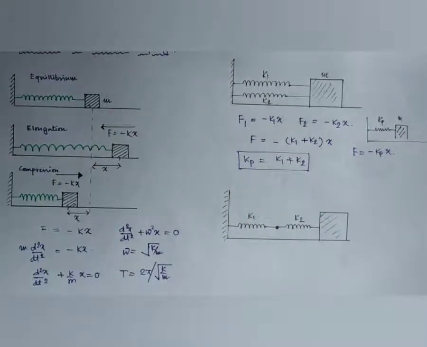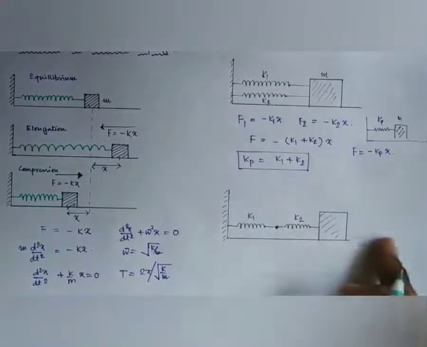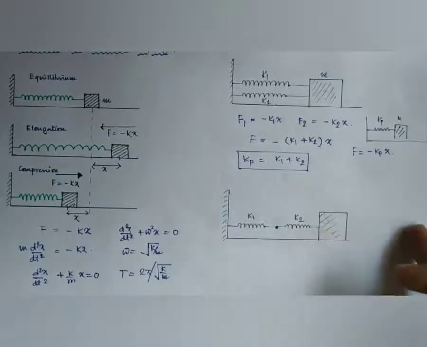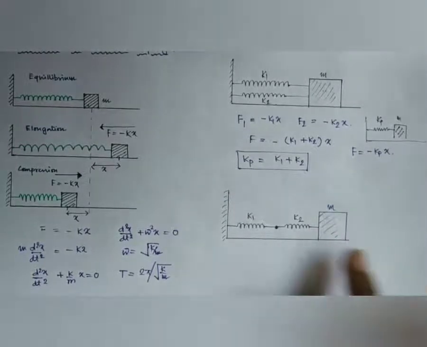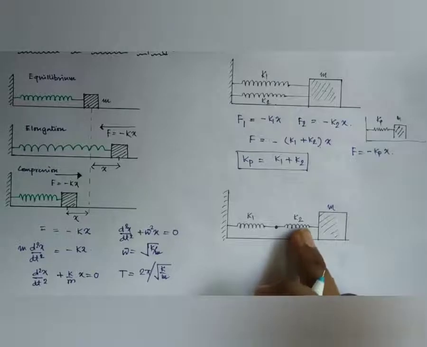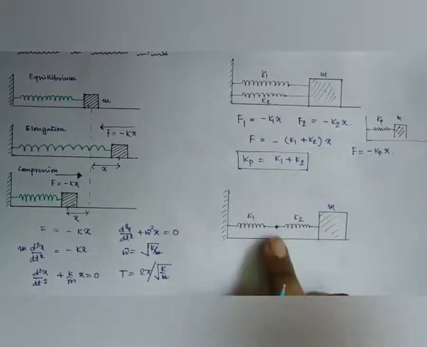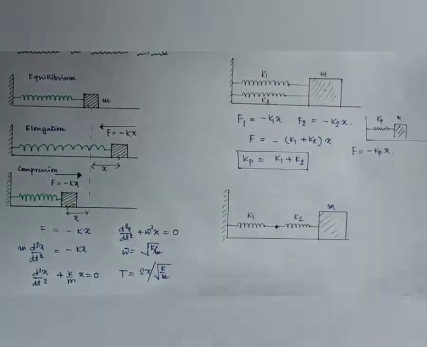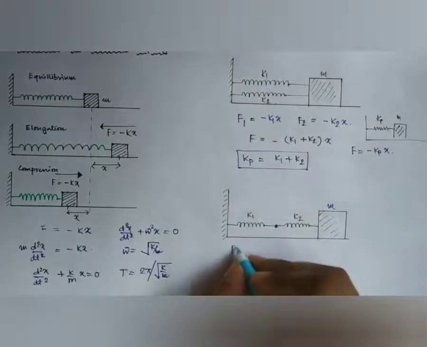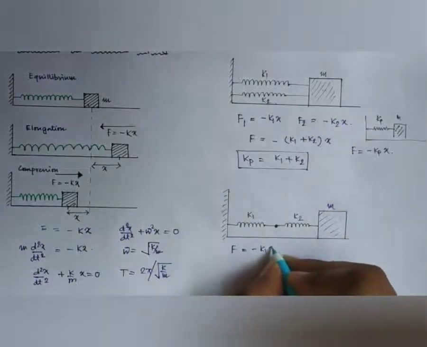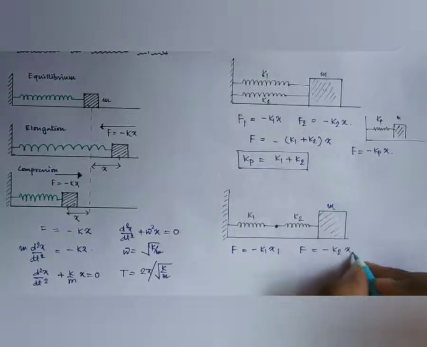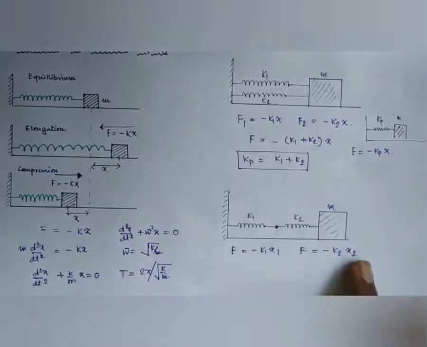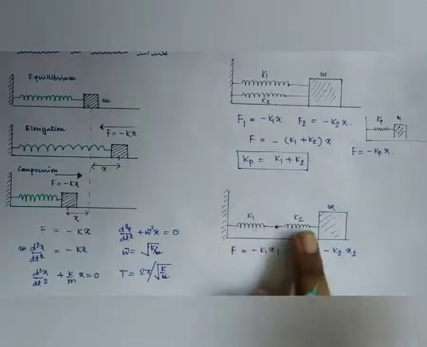And now if they are in series connection, what will happen? If we apply a force on this block in the rightward direction, these two springs will suffer different displacements, but the same force is acting over these two springs. It will be F equal to minus k1 x1 and F equal to minus k2 x2, where x1 and x2 are the displacements of the springs k1 and k2.